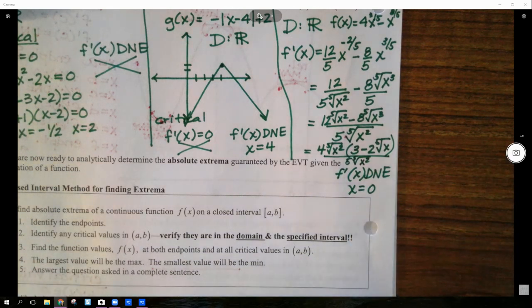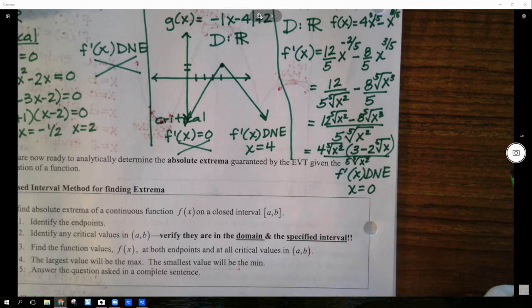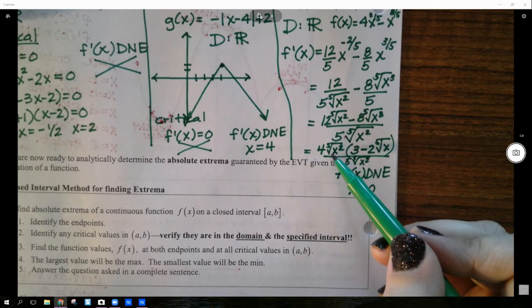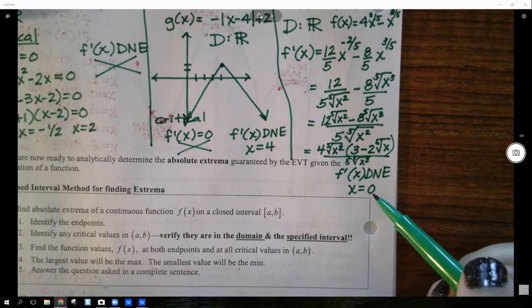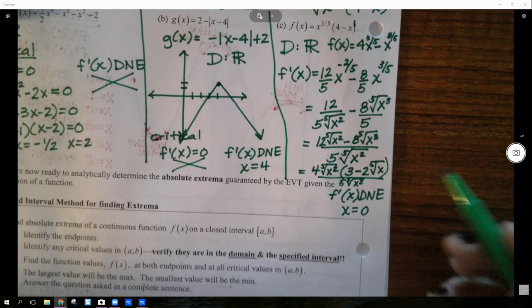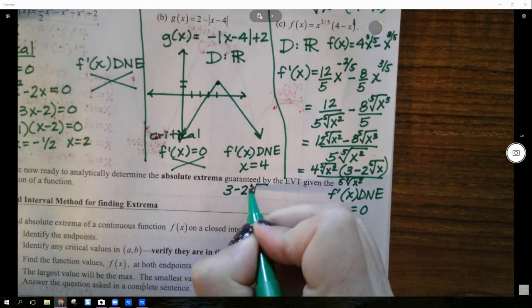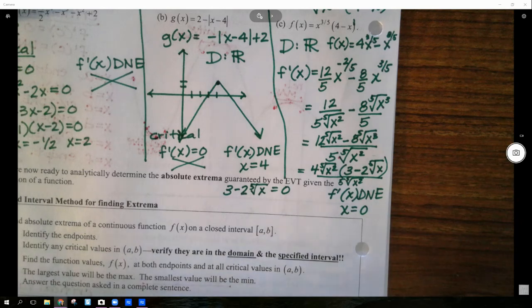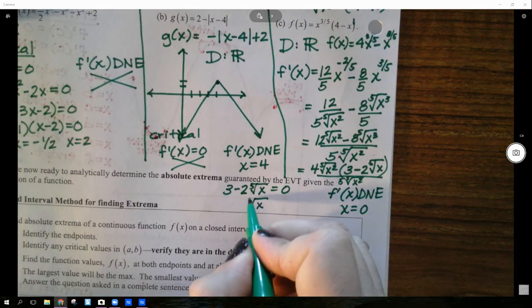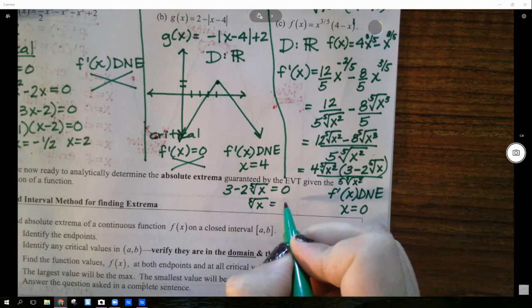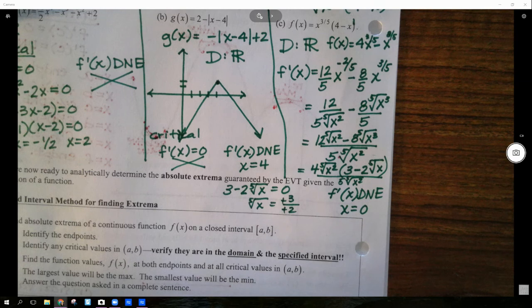Now, to find where this fraction equals 0, you're going to set the numerator equal to 0. We're going to throw out x equals 0 because we already know that's where the function does not exist. You're going to set this part, 3 minus 2 fifth root of x, equal to 0 and solve. So it looks like you're going to have fifth root of x equals -3 over -2, so those will turn positive.